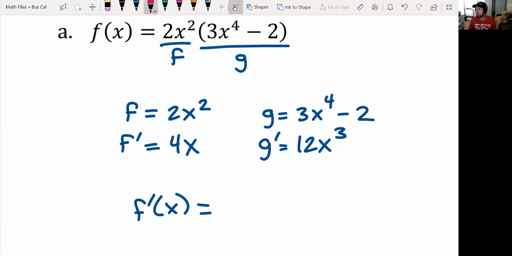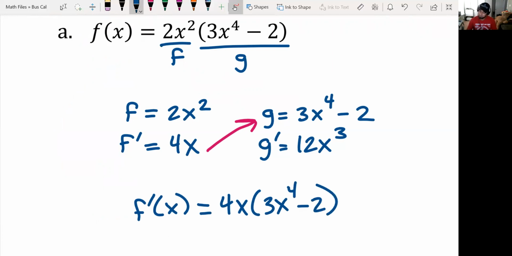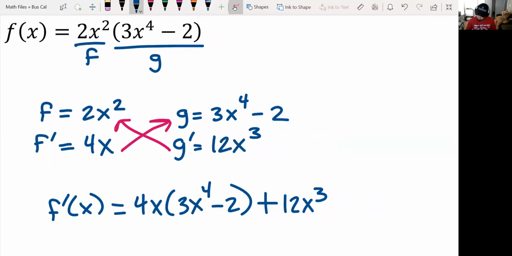And all we have to do now is follow the formula for the product rule. F prime g, which is 4x times 3x to the fourth minus 2, plus g prime f, 12x cubed times 2x squared.